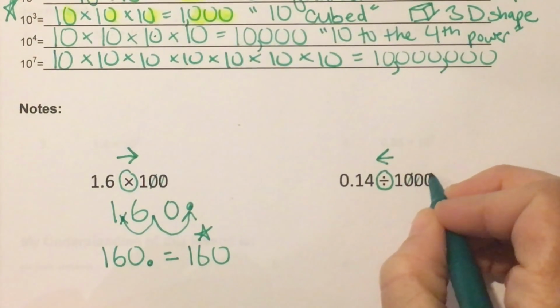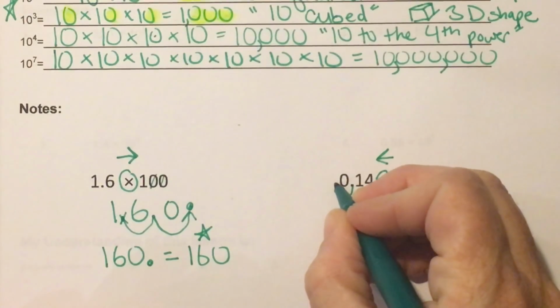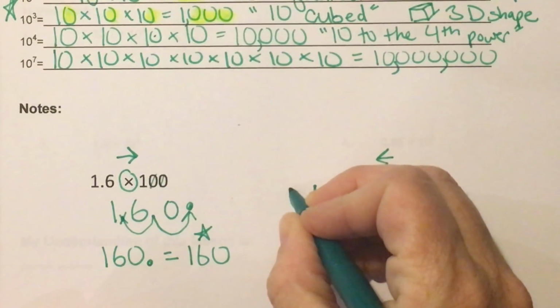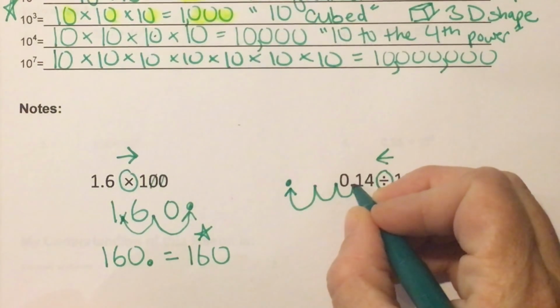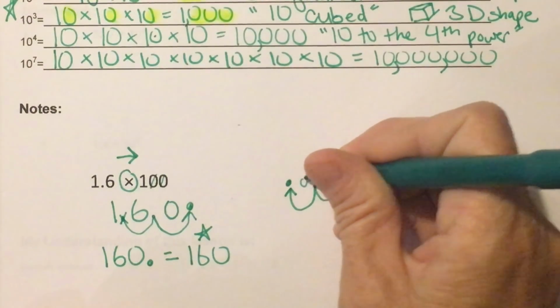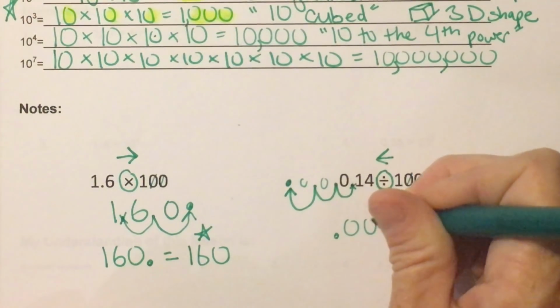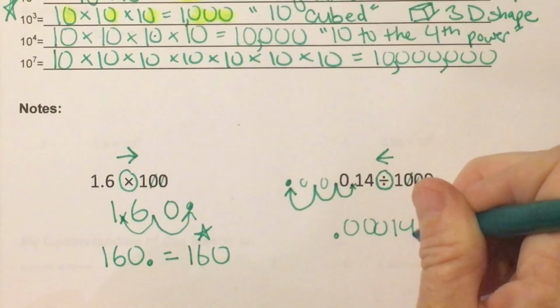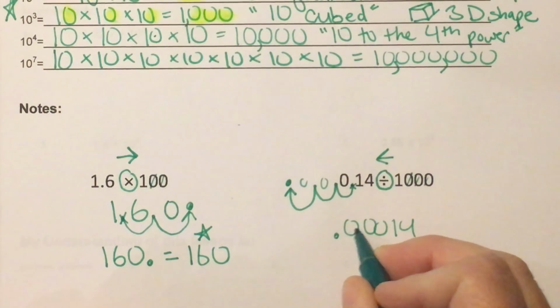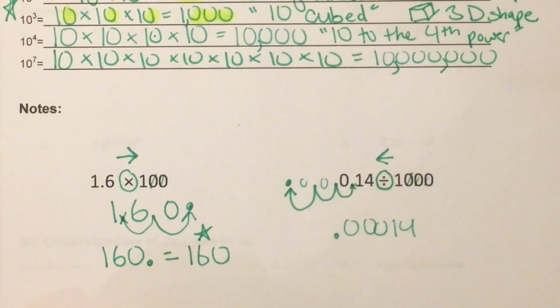It's going to move 1, 2, 3 spots to the left, and I need to fill in my empty spots with 0. So my answer is decimal 00014. Now for this one, this is the best answer, because if I drop this decimal, I'd completely change its value.